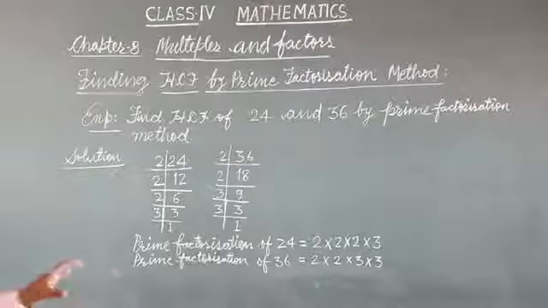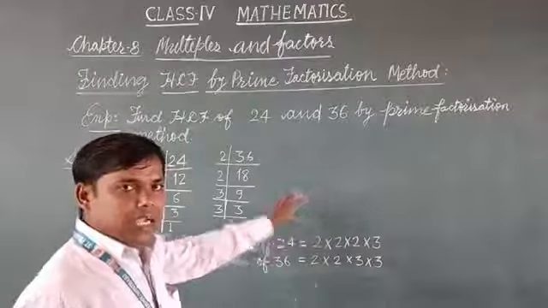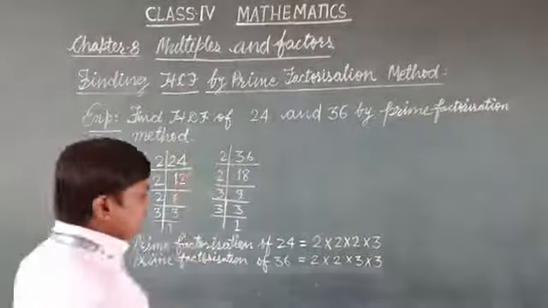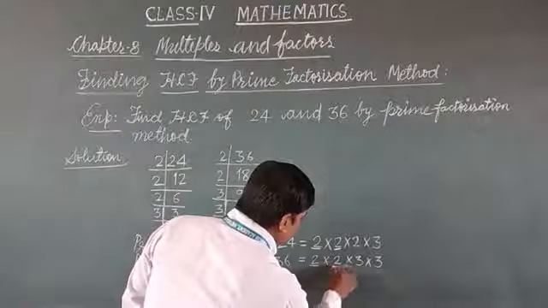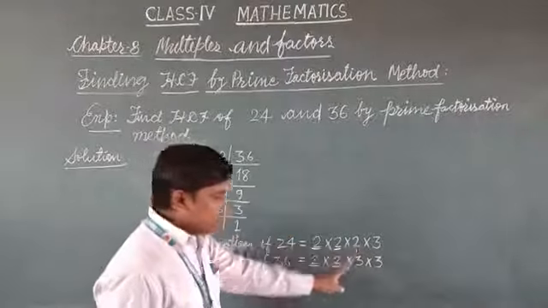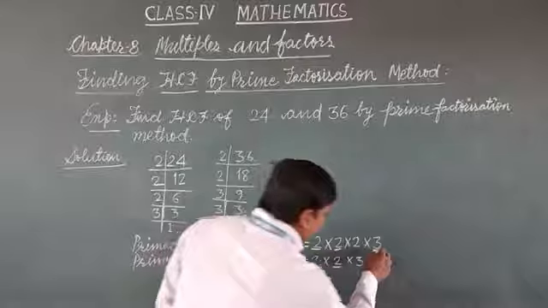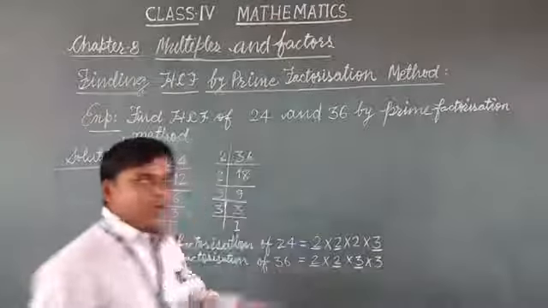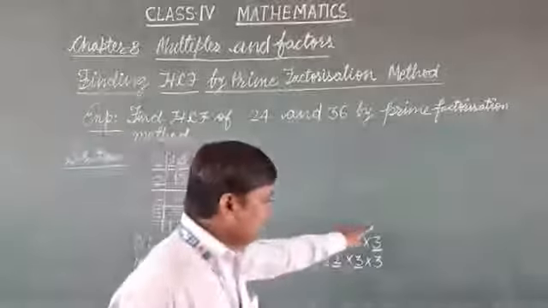Now, the common prime factors among these are 2 here, 2 here, 2 here, 2 here. 2 here, but here is no. So 3 here, 3 here. So what are the common prime factors among these? 2, 2 and 3.